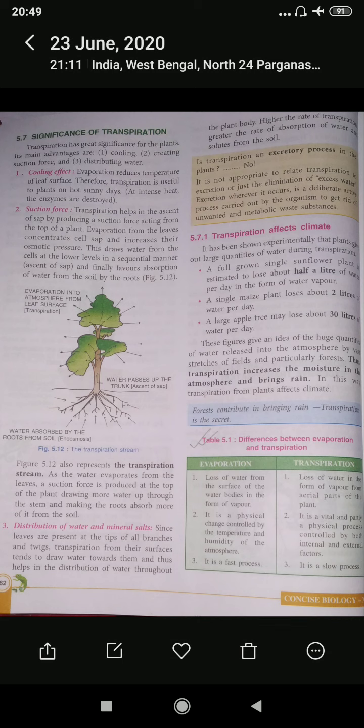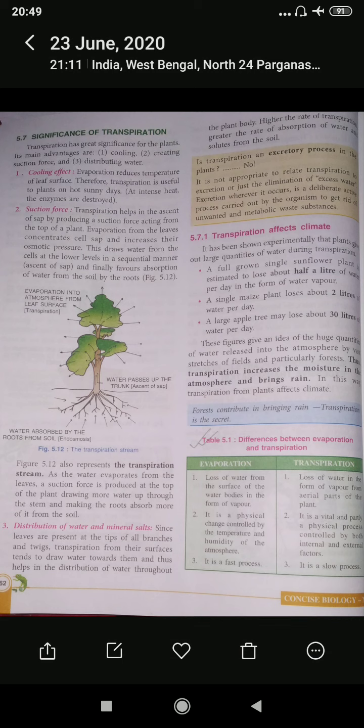Next, we will discuss the importance of the process of transpiration. As transpiration helps in reducing the increased temperature of the leaf surfaces, it causes a cooling effect and also keeps the enzymes intact and active. Next, transpiration also creates a suction force or transpirational pull, which plays an important role in ascent of sap.